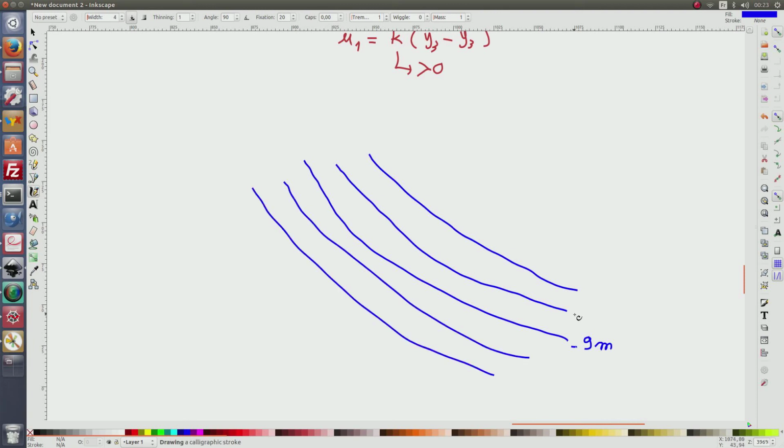So for instance here, minus 8 meters, minus 7, minus 10, minus 11. Assume that our AUV is like this. So it is going in the right direction, and we'll first ask the AUV to follow an isobath. Of course, we want to go along this isobath, but at the beginning we will try to follow the isobath where we are.